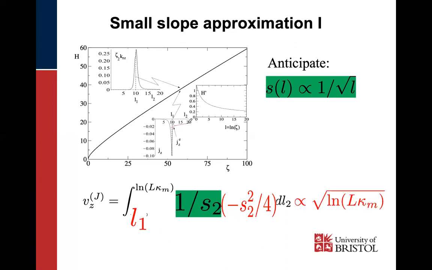And if I put this together, you will see that this integral goes like S, proportional to the slope. The slope goes like 1 over the square root of L. So of course, at the upper limit, this is a diverging integral as advertised, which is the principal reason why you have this unusual logarithmic behavior in the first instance.